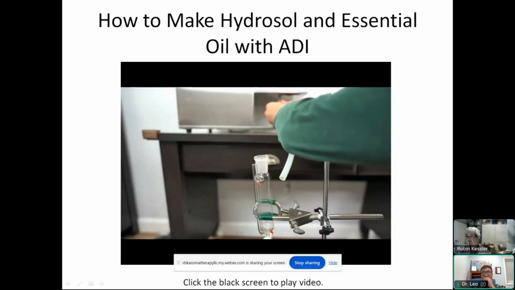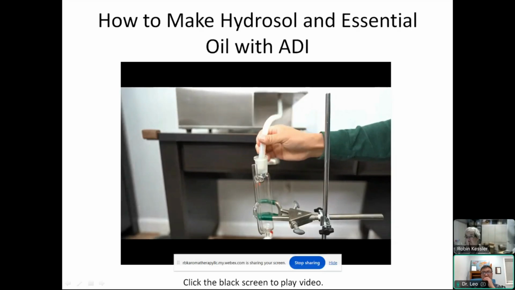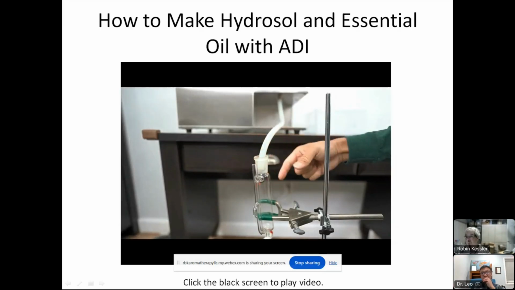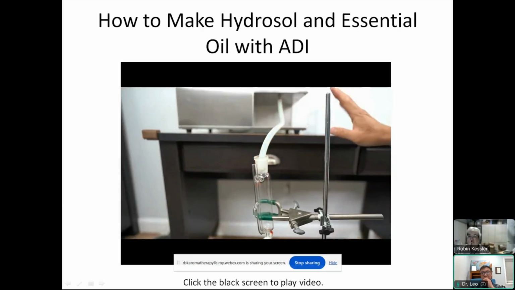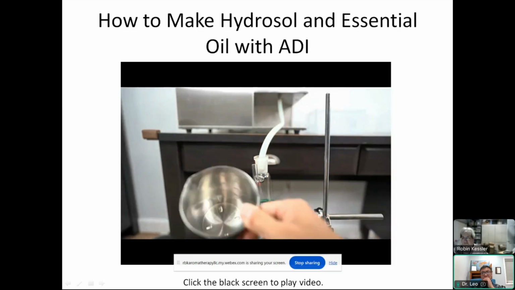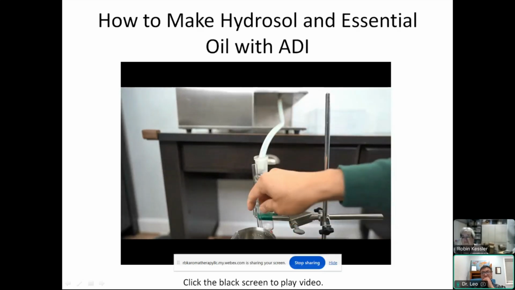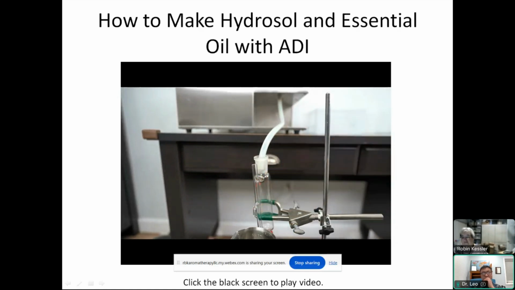The clamp side goes to the nozzle, then close it and push this side on top of the glass separator. Then the whole thing is set up. While it's operating, we need a container to collect the hydrosol from the side tubing of the separator. So that's the whole thing. It's ready.